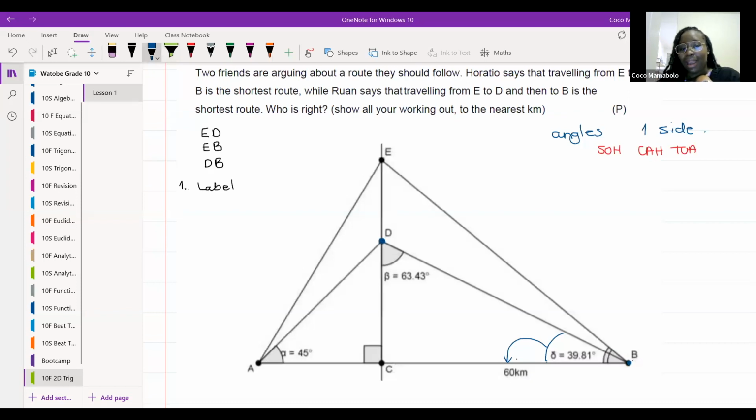Good. It's my adjacent side. Good. What about DC? Good. Is my opposite. Right? And DB is my hypotenuse. Good. It's my hypotenuse.